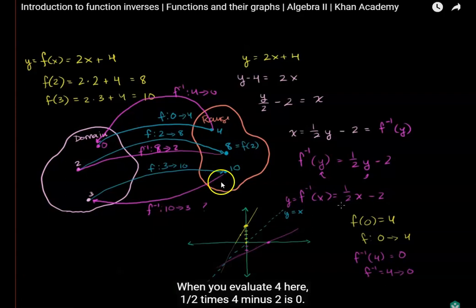So he almost showed exactly what the book shows, but what did he do different here? He solved for y, and then later on said, okay, that y is just a placeholder for what you're feeding the inverse function. We can call that x after we've solved it for y.